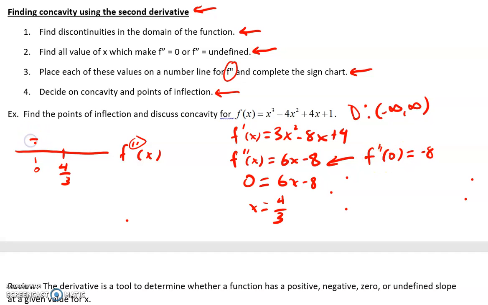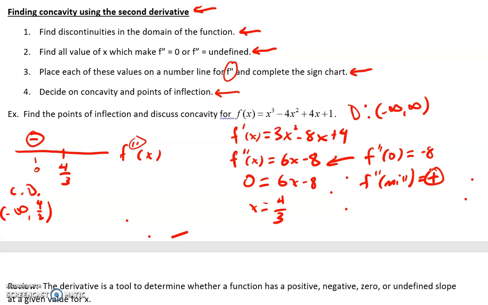So I know to the left of 4/3, my second derivative is negative. That tells me I'm concave down, and I always abbreviate it to be CD. So the interval from negative infinity to 4/3 is concave down. Now, if I test a number to the right of 4/3, say 1,000,000, f double prime at 1,000,000, well, wouldn't that just give me a positive value?